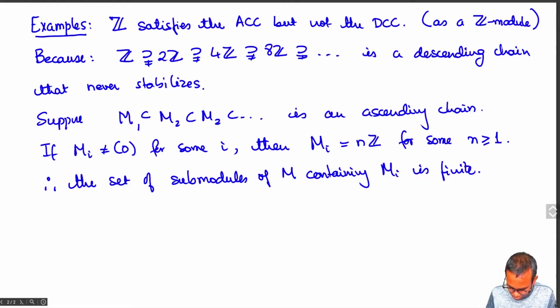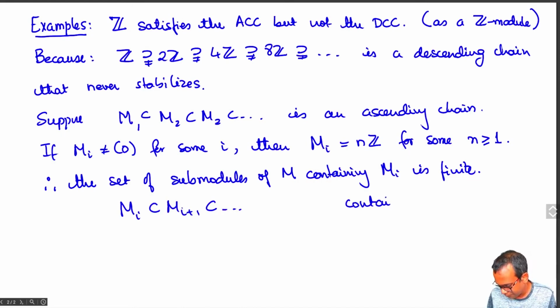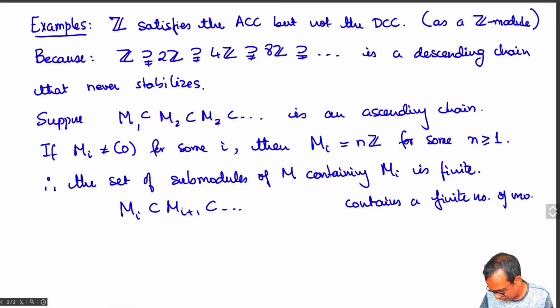Therefore, when you look at the modules M(i+1) and so on, only a finite number of modules occur in this sequence. And so, in fact, even if you take this starting from M1, the entire sequence, only a finite number of modules appear in it.